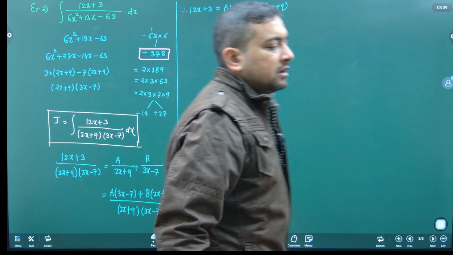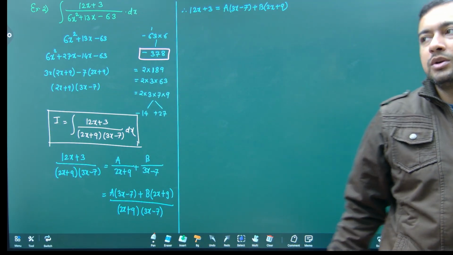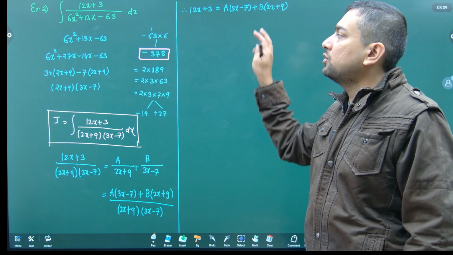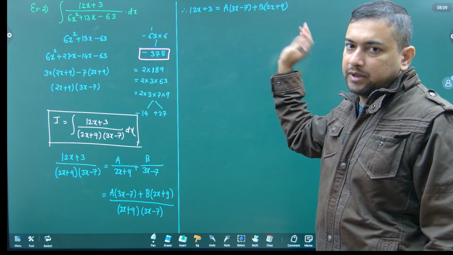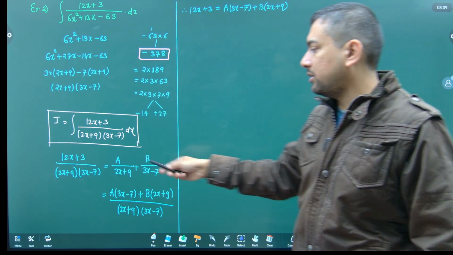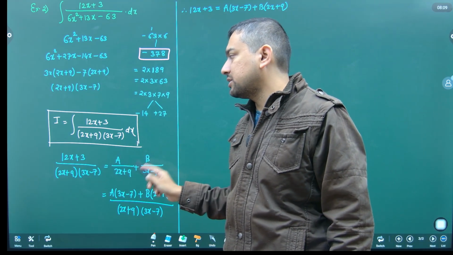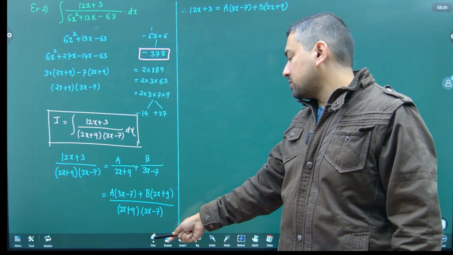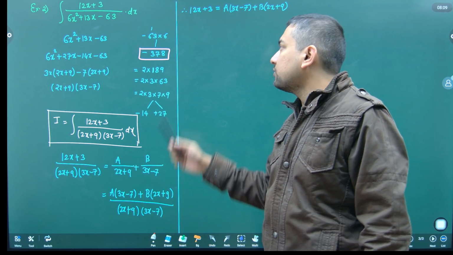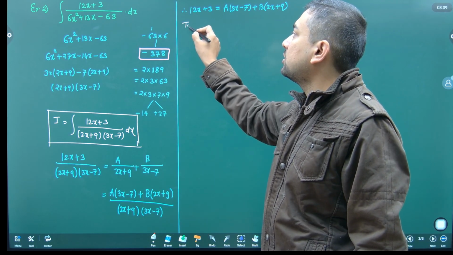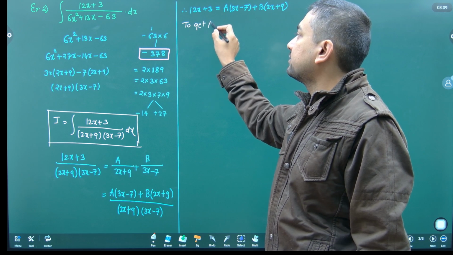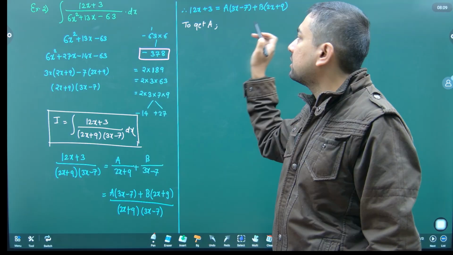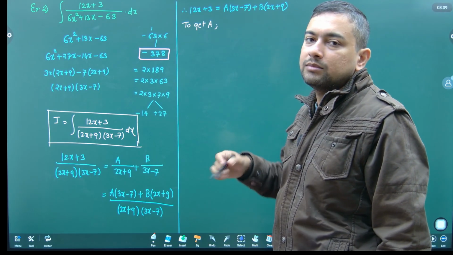Okay. So what is the next step? You have to find values of A and B. Once you get values of A and B, it's just an integral of this term. So how will you get values of A and B? What is our procedure? We make the other term 0. For example, if you want to find A, you have to convert the B term to 0.